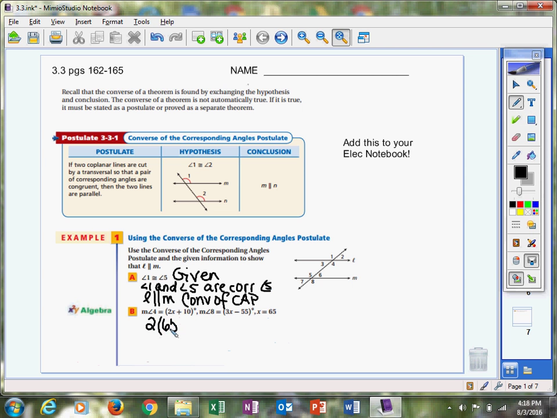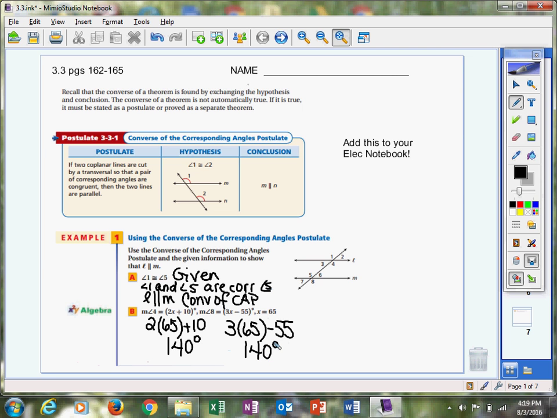So in your calculator, let's do 2 times 65 plus 10. And when you do 2 times 65 plus 10, you get 140 degrees. Okay, so angle 4 is 140 degrees. Now we're going to do the same thing over here. We're going to do 3 times 65 minus 55. So in your calculator, practice doing that, and you will get, oh, it's also 140 degrees.